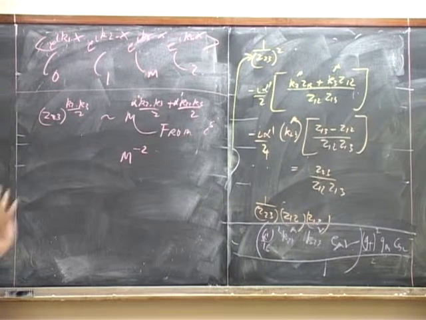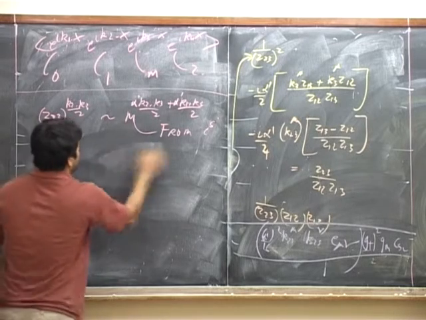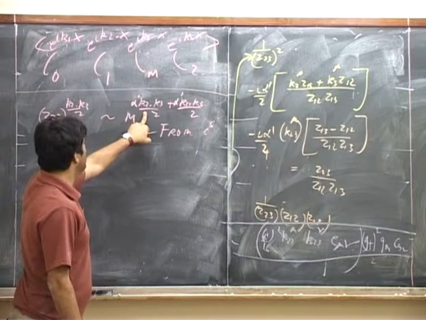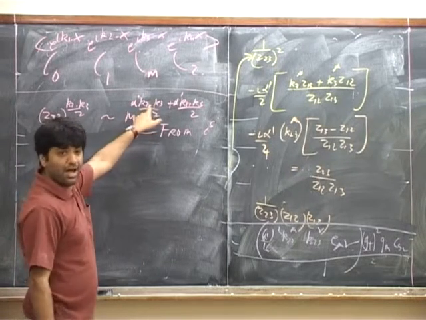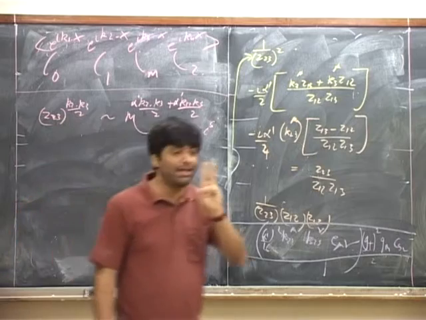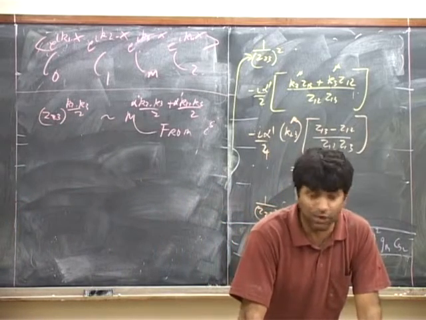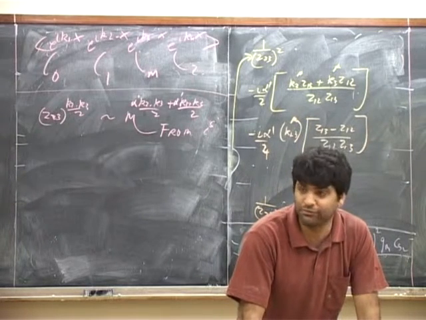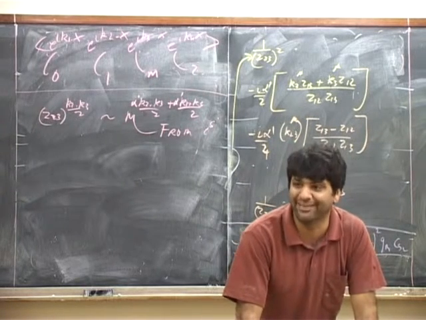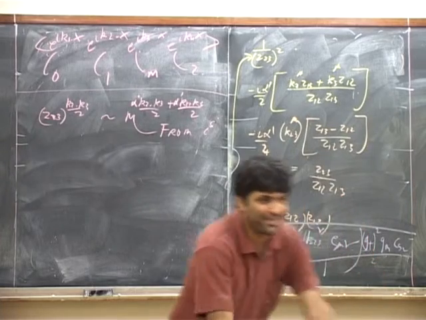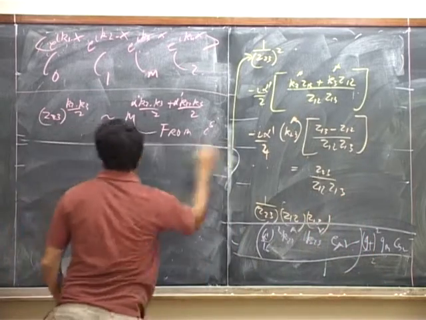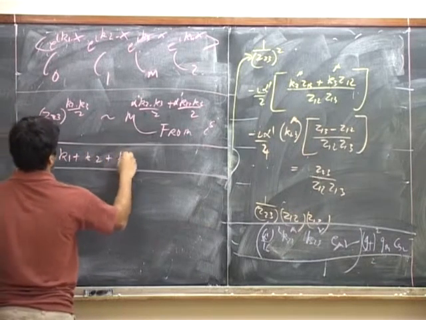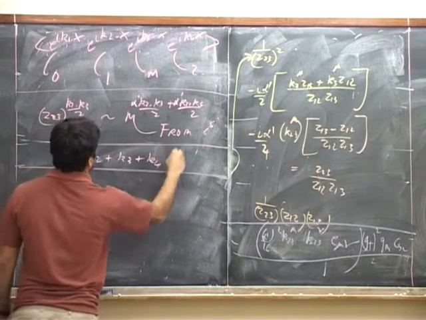No, I'm sorry, that's wrong. It's not right, because we used the fact that when we have 3 tachyons, the sum of momenta of 2 of the participants was the momentum of the third one. That's not true anymore. Momentum conservation tells us that K1 plus K2 plus K3 plus K4 is equal to 0.